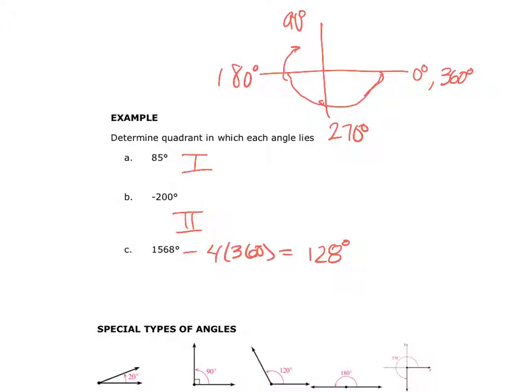So the question is, can I just divide this by 360? Well, it's going to tell me how many times I rotate, but it's not going to tell me where I land. So this 4 is where I have multiples. 4 times I have pulled off 360 degrees. That's why the 4 is there. If I took off a 5th one, I would have ended up with a negative number.